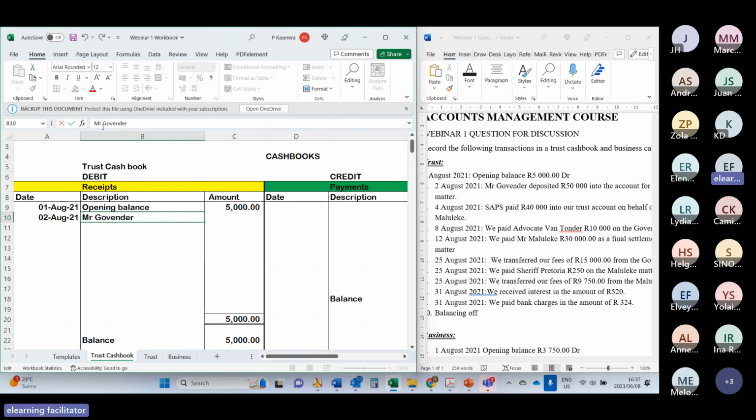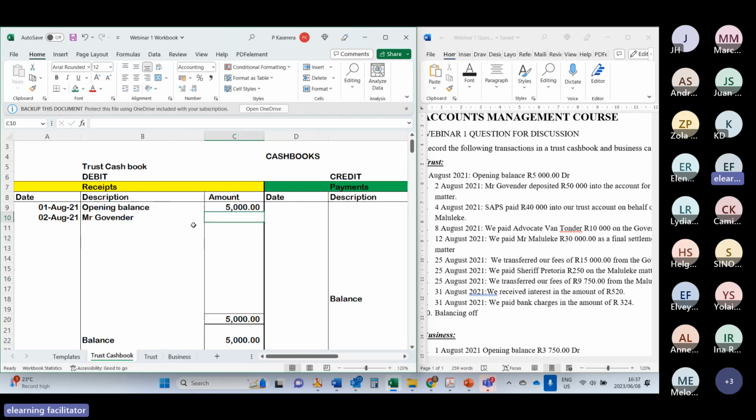So usually it's best for you to have file references, so that if you've got several Govenders, you'll be able to include a file reference that you can trace to the files, or you are able to distinguish your matters. In this case, we don't have one, we are just giving an example, but it's always wise to do that.